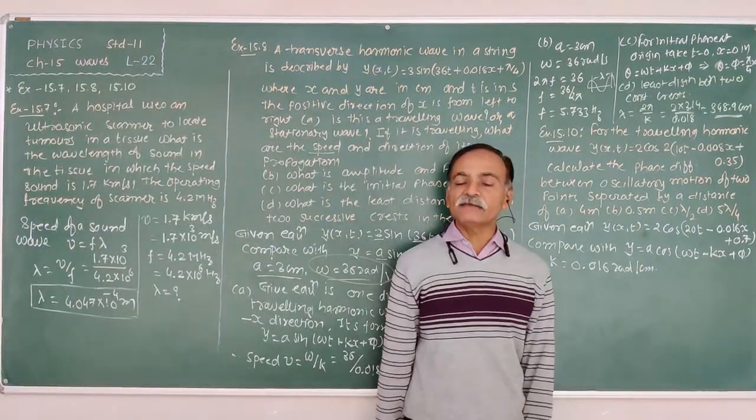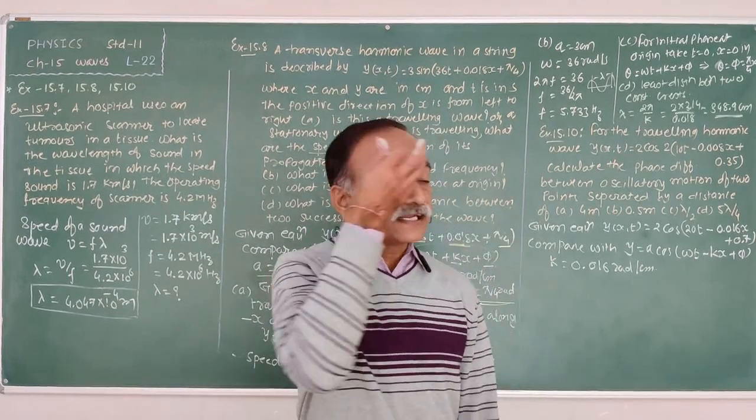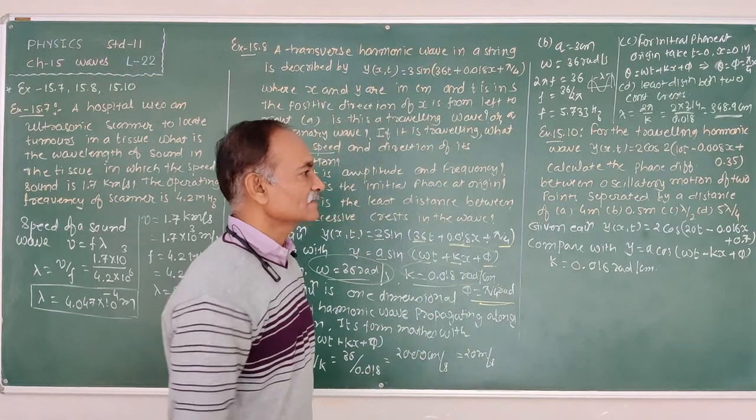Phase difference at any point is delta is equal to k into x.